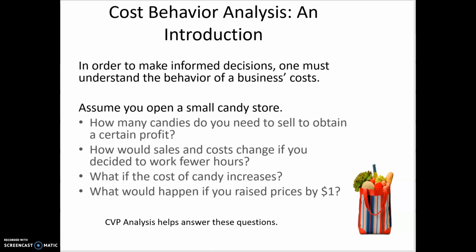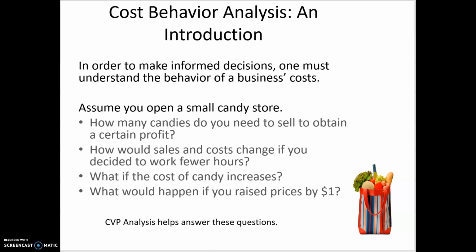Another thing you could use CVP analysis for is to address, how would sales and costs change if we reduced our hours? I sometimes think about that when I go into a store at 9 o'clock at night and there's hardly anybody in there. You wonder, how is it worth it for them to stay open and pay their workers and keep the electricity on when there's so few customers? So maybe you want to determine what would happen if we worked fewer hours.